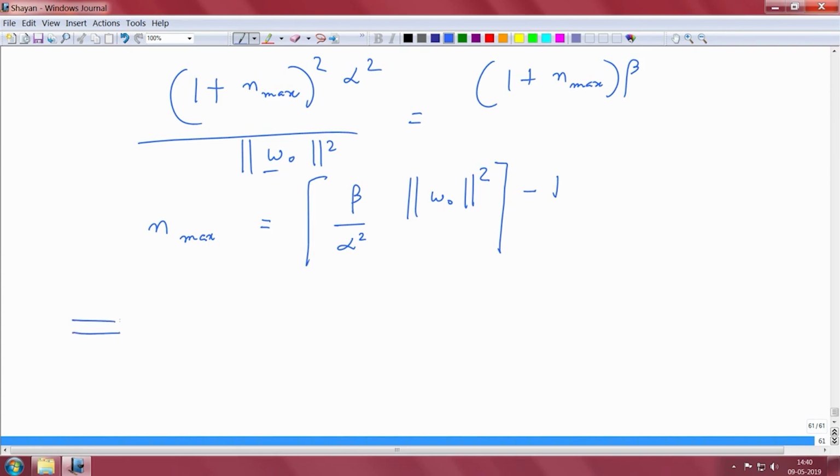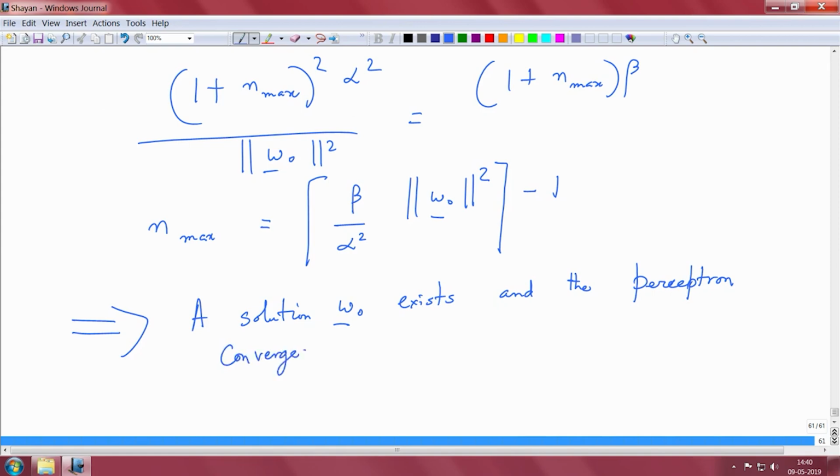So, therefore, this implies a solution w 0 exists and the perceptron algorithm converges in n max iterations, and this should be intuitively obvious.